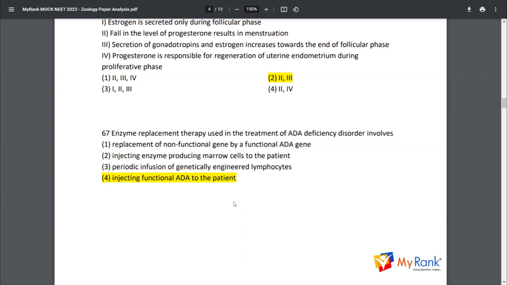That is the treatment for ADA deficiency disorder, and the therapy here is enzyme replacement therapy. We are not inducing genetically engineered lymphocytes regularly for enzyme replacement therapy. We are injecting the functional ADA into the patient.